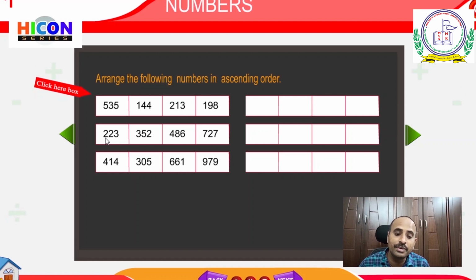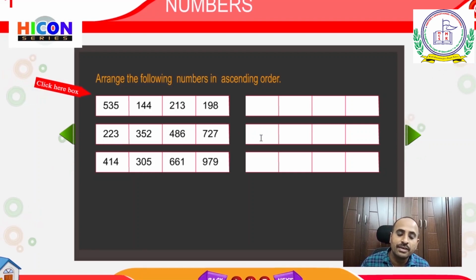In the third number, the first digit is 4. In the fourth number, the first digit is 7. So among 2, 3, 4, 7, which one is smaller? So 2 is smaller. So 223 is the smallest number among the given 4 numbers.